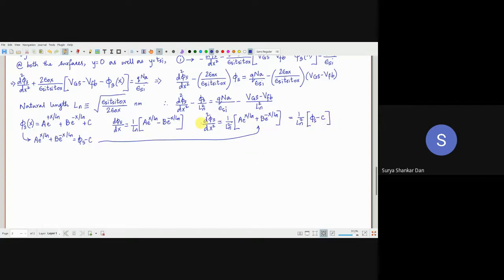Now again, how about this d2 phi s dx square? That is given by this equation, right? Therefore, in place of d2 phi s dx square, what can we write?